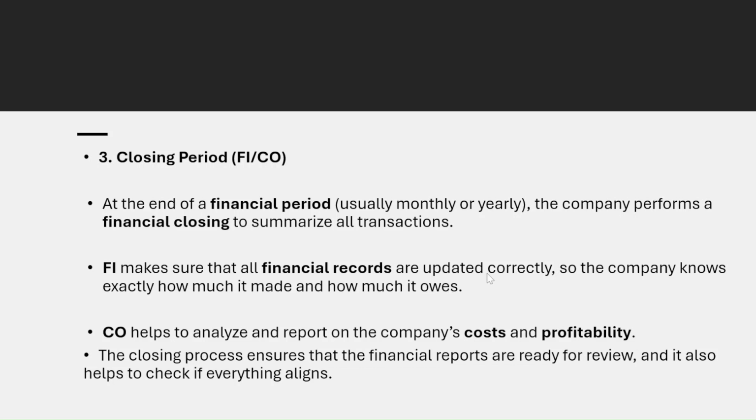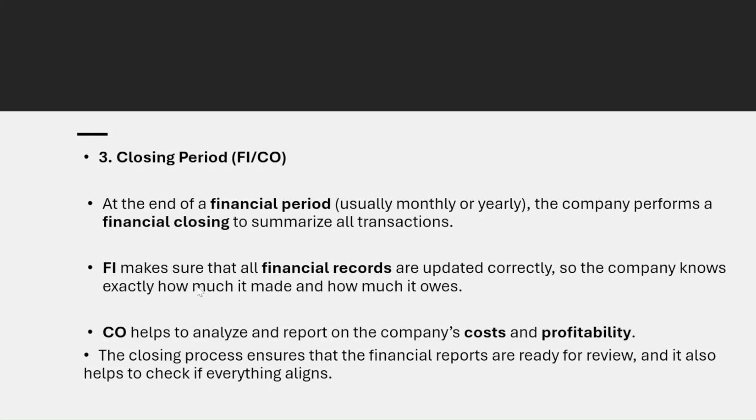We check all these things at the closing period. It can be at the month end or at the year end. We check whether all financial records are updated correctly or not. So the company knows exactly how much it made and how much it owes.